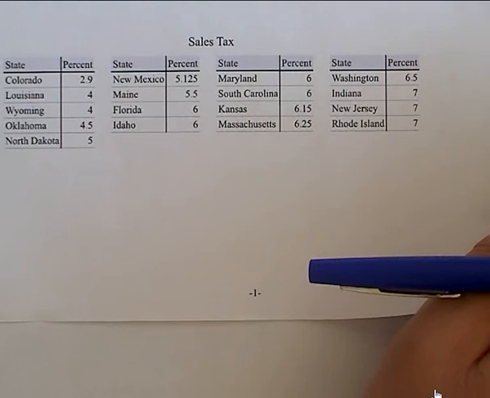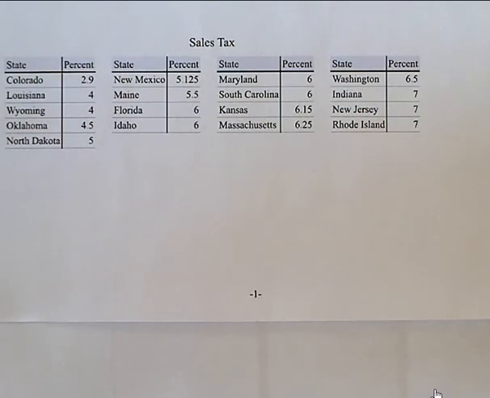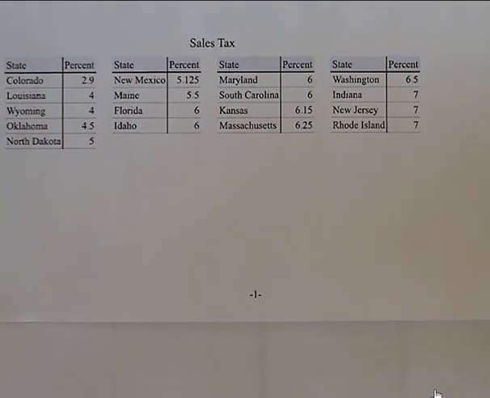Now, the first thing that I'm going to do is take those numbers off the table and write them out in a line where I can calculate and order them. These are in order for us, so that's good. So I can play with them a little bit as they are.